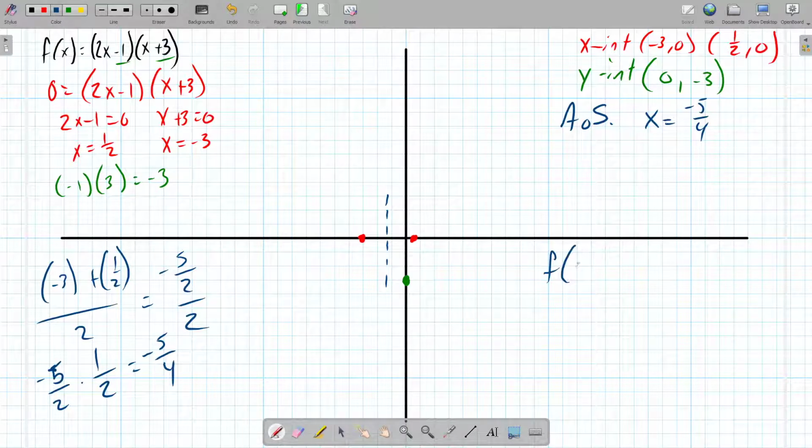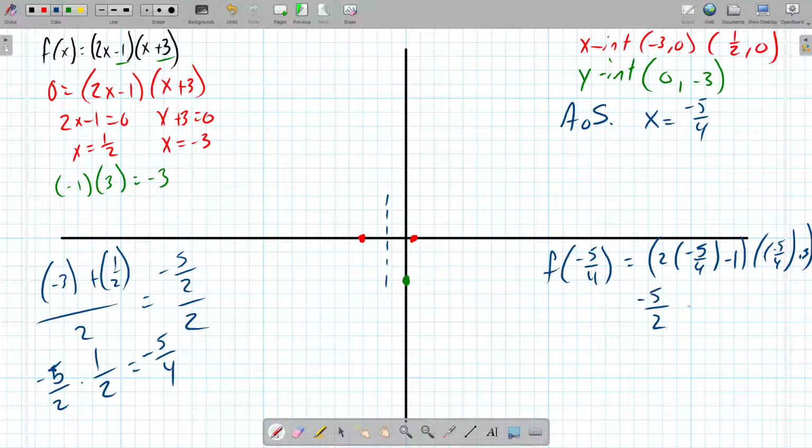So f of -5/4, plugging it in for all of the x values. Well, 2 times -5/4 is going to give me -5/2 minus 1. And -5/4 plus 3. Let's just go ahead and rewrite this. -5/4 plus 12 over 4.